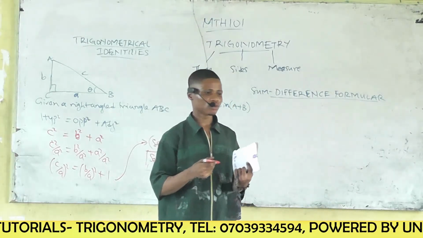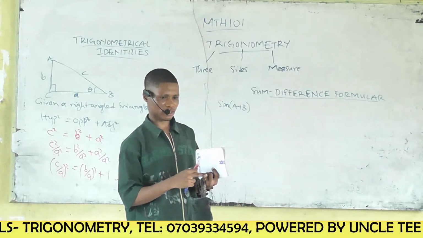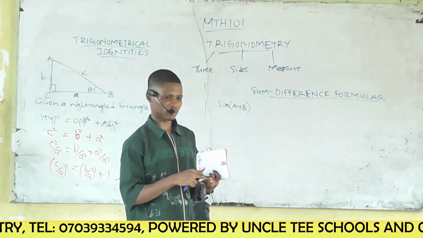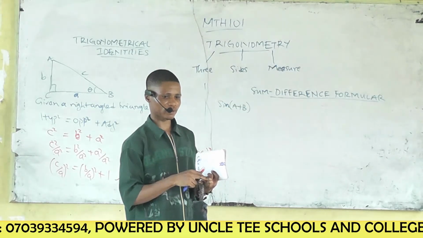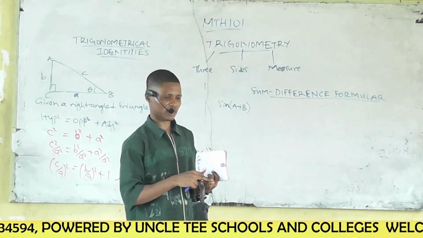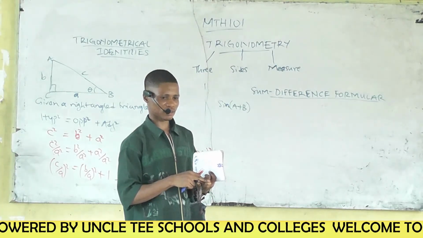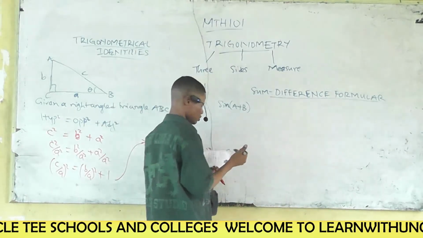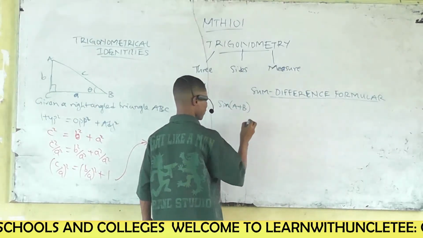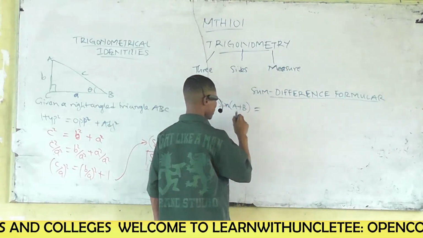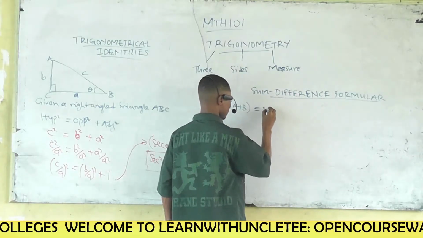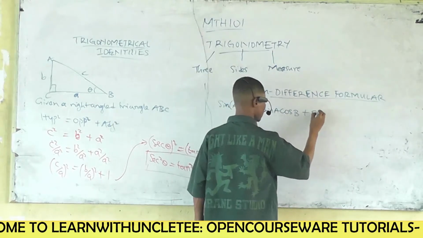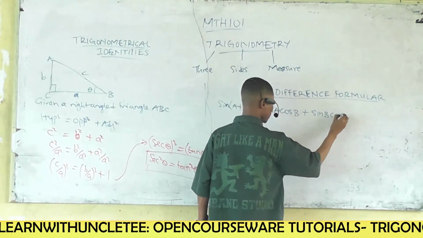That is, you can have your A to be 60 degree and you can have your B to be what? 30 degree. That's the meaning of compound angle. So if you add them together, you have what? 90 degree. So that means that if you are taking sine 90 degree, okay, let's just continue. Sine A plus B will give you sine A cos B plus sine B cos A.